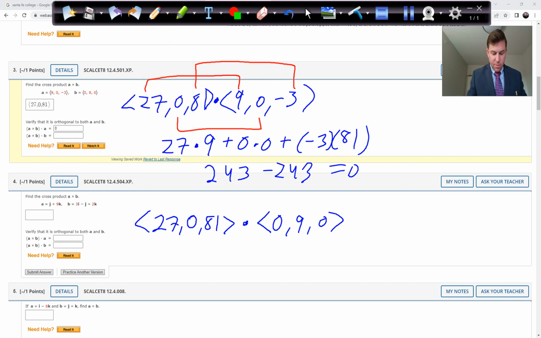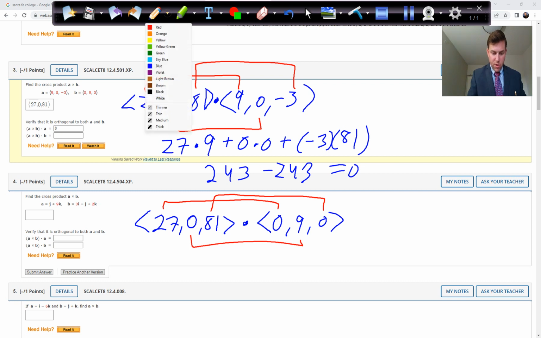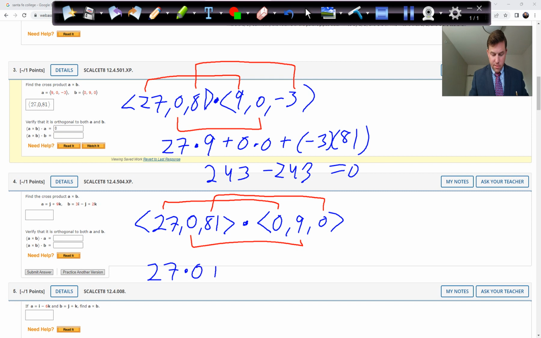So once again, the dot product matches the first numbers, the second numbers, and the third numbers, and you multiply them. So we're going to get 27 times 0 plus 0 times 9 plus 81 times 0. And this one's even easier. I've got a 0 multiplied into each term, so the whole thing is just going to equal 0.